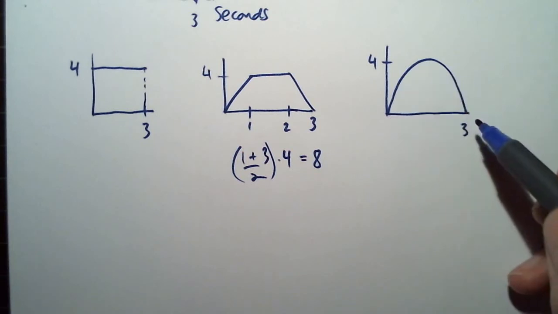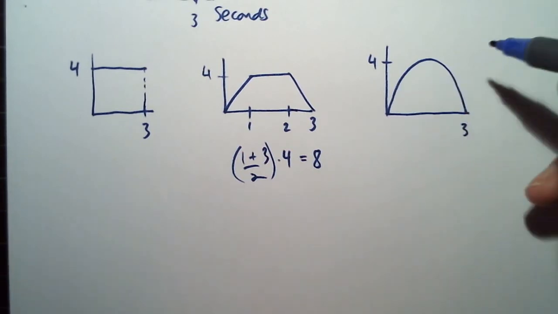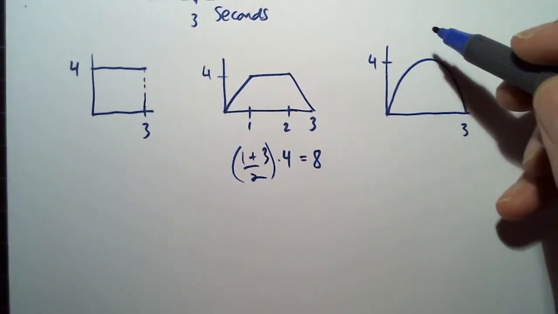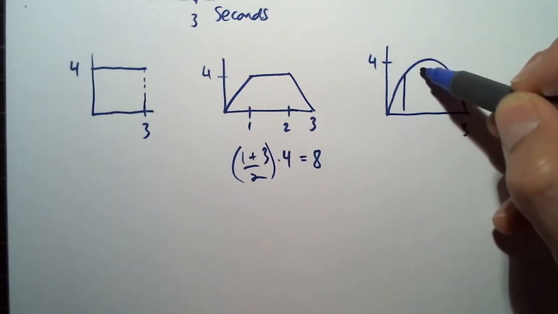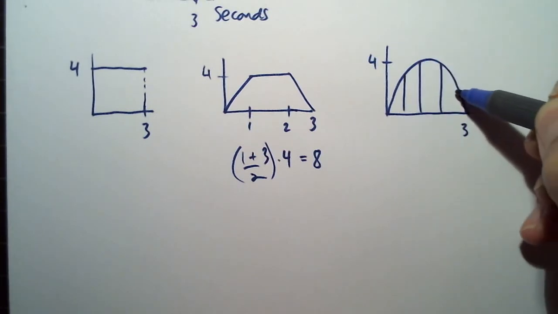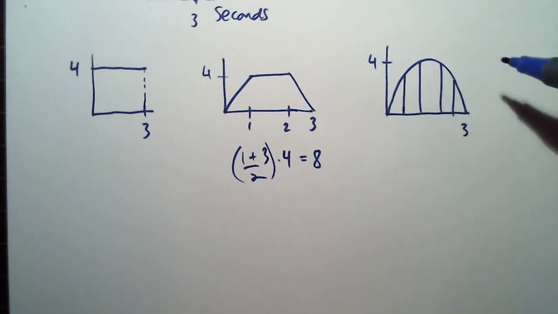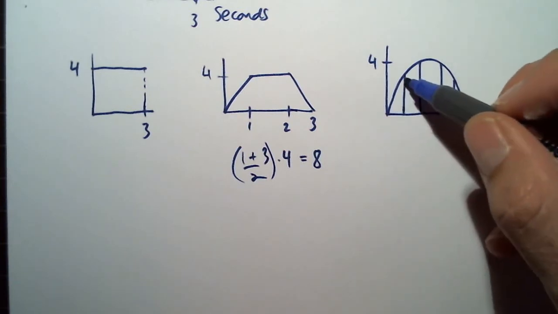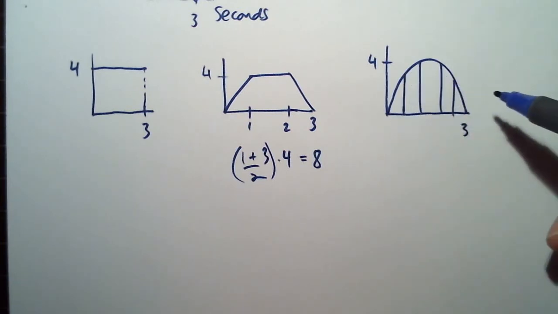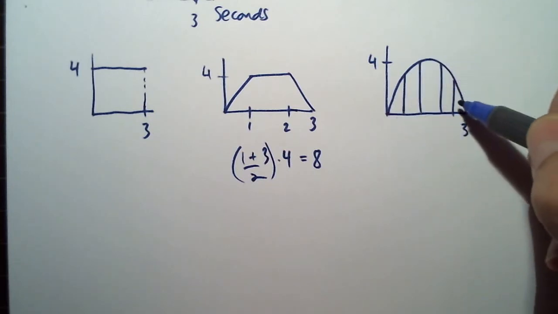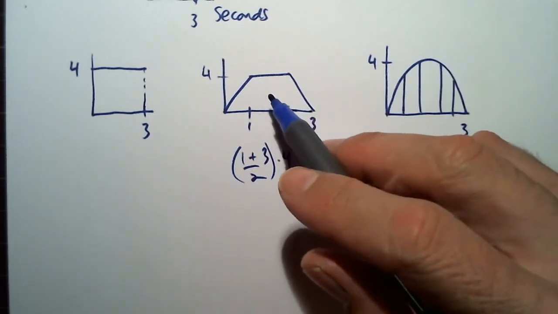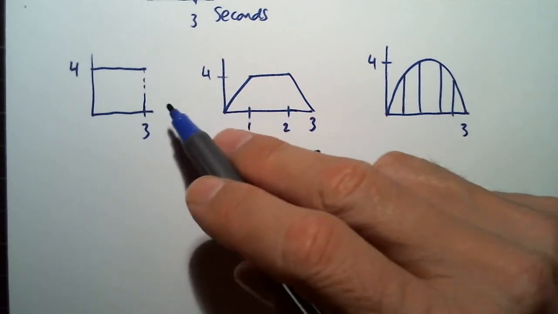If we have a curved shape, then we need to divide it up into intervals, and we could either use trapezoids or rectangles, and that's what we're going to focus on today. When we found the areas here, we did not approximate anything.